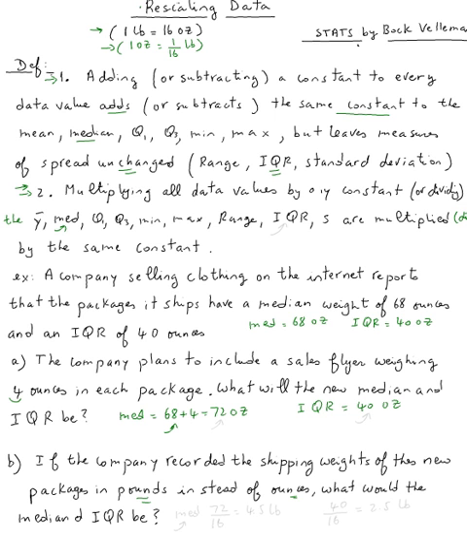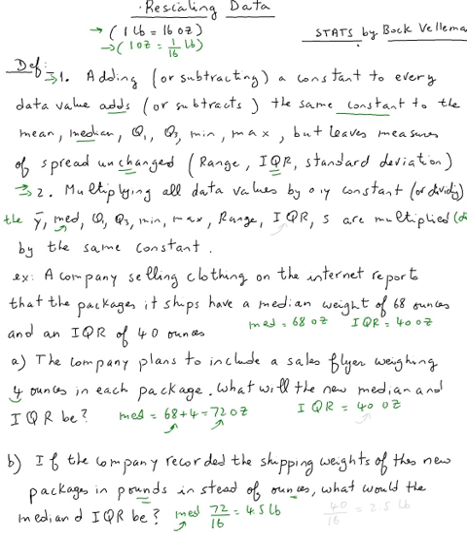In other words, this 72, the new median, to go from ounces to pounds, we need to take 72 ounces and divide it by 16, and that should be 4.5 pounds. So that's the new median, because we divide by the same number.